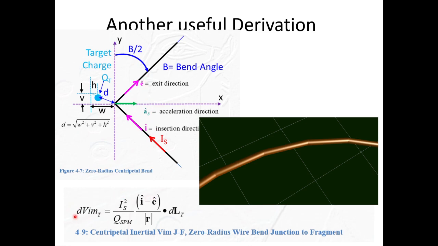So all you need for this is junction to fragment. This is centripetal inertial VIM. All you need is the direction of the current entering the junction and the direction of the current exiting the junction, and then the distance from the junction to your target point, and so on.